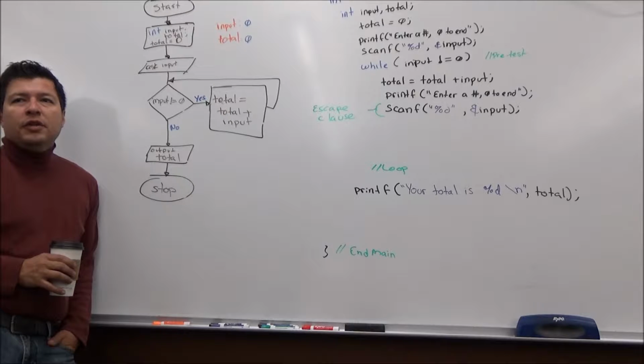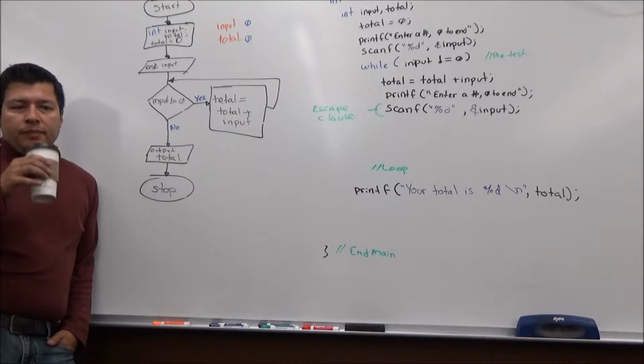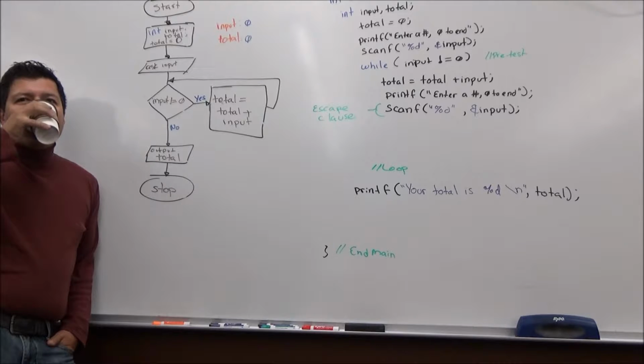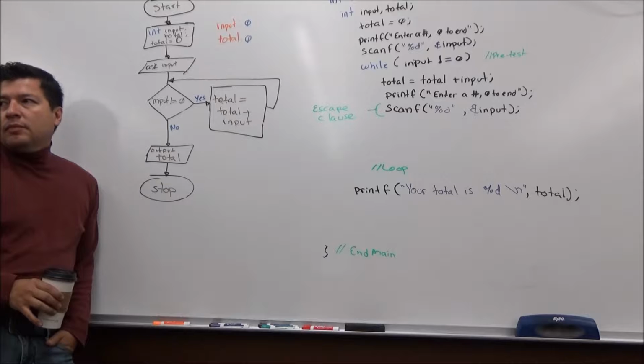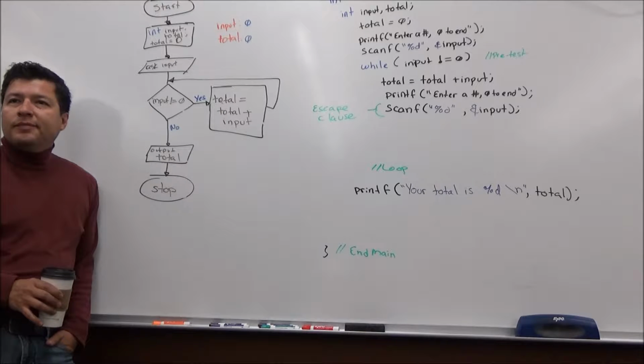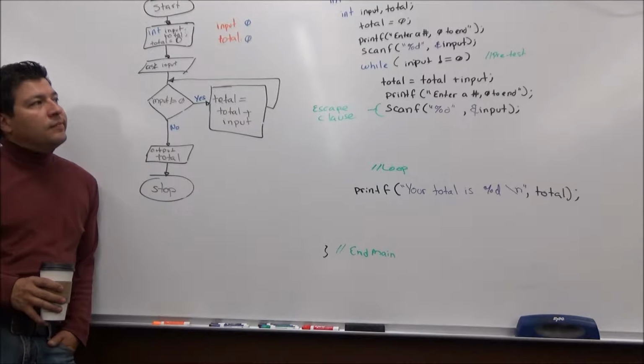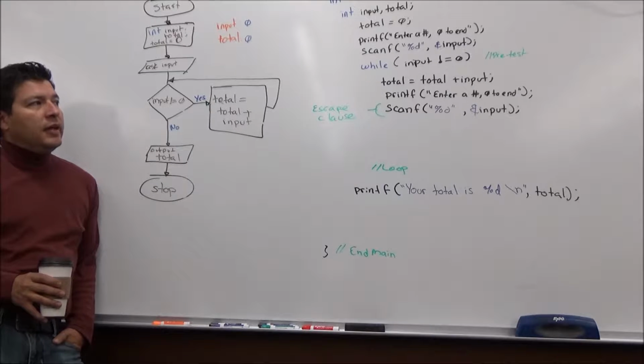Will that loop ever finish? No. If you try it, will that be true? If I put 0, nothing happens. But if I enter other than 0, I enter 10.